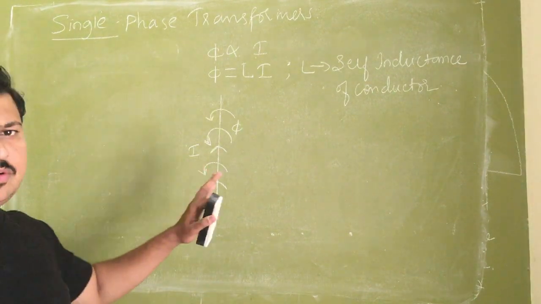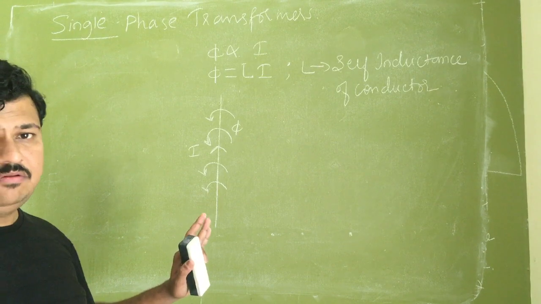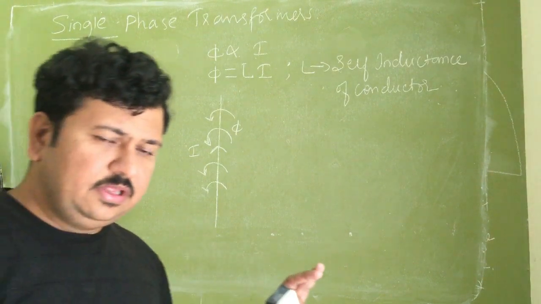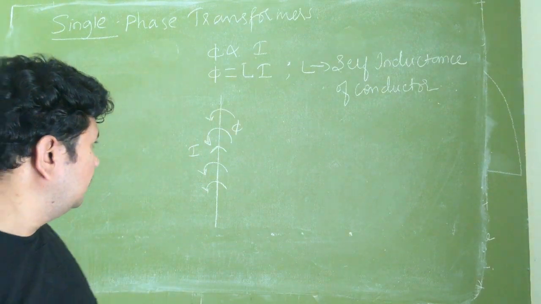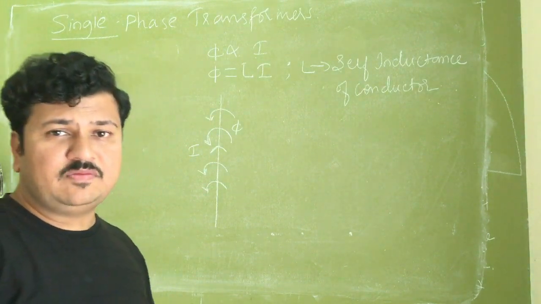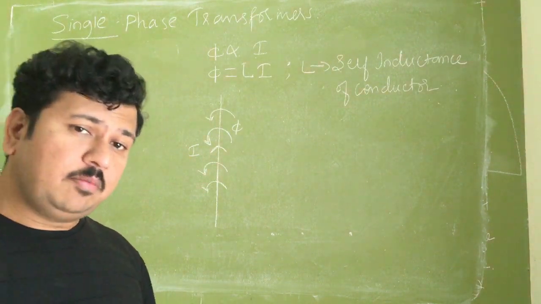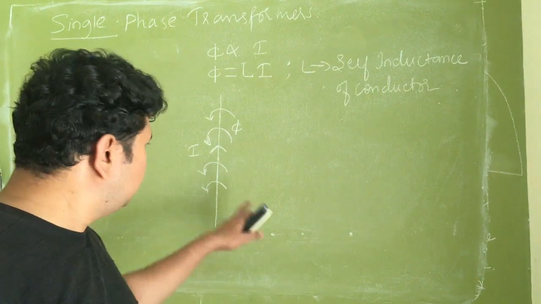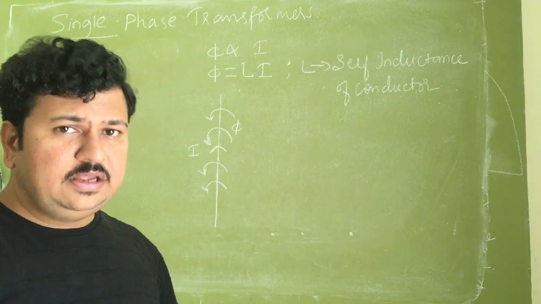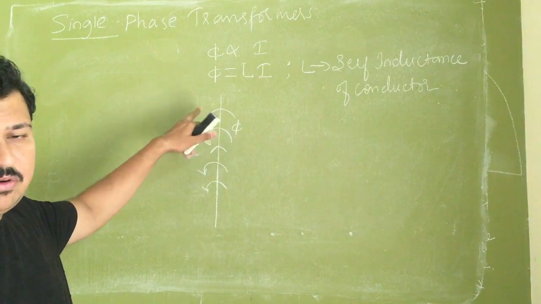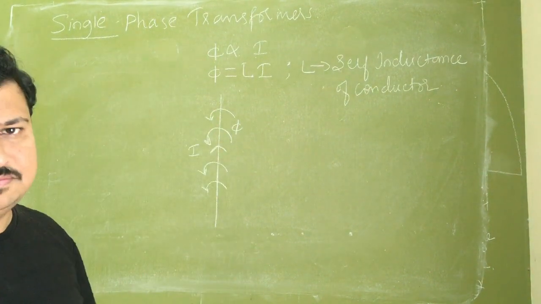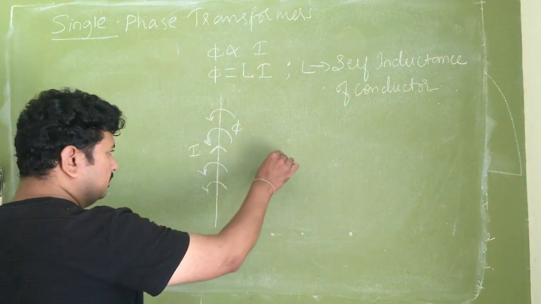If I want an increased quantity of magnetic flux by the same amount of current in the same conductor, then instead of keeping it straight, I will wind this conductor on some core.